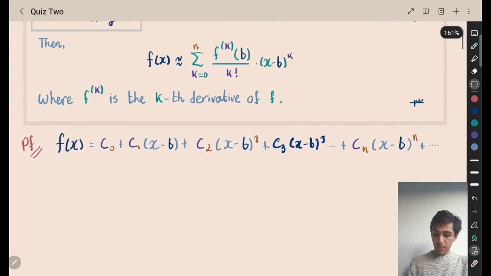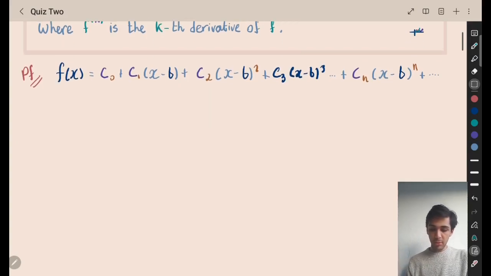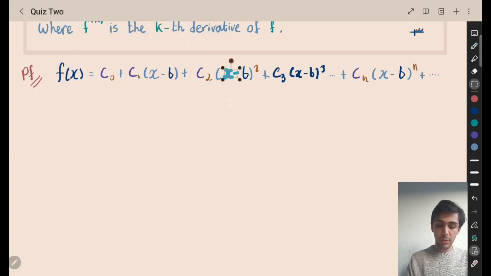It is infinite because we would like to look at some sort of infinite polynomial setup, and it is centered at b. That is very important, which means that if I plug in x is equal to b, I will get C0, because this term will cancel, and that term will cancel, and that term will cancel, and so on and so forth.